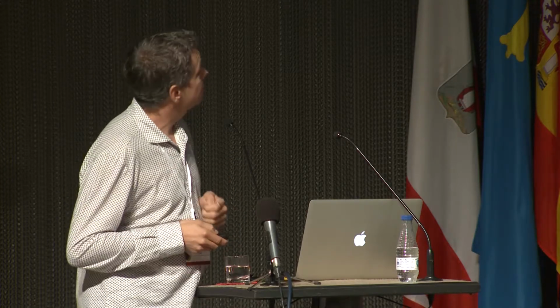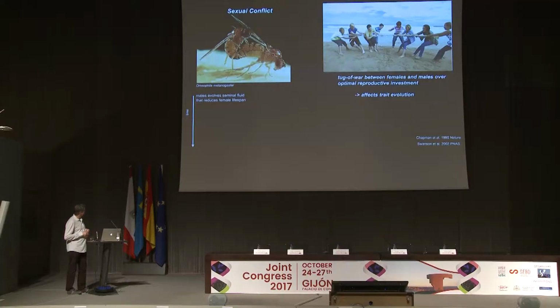Sexual conflict can affect trait evolution, and this has been nicely shown in Drosophila melanogaster. Males transfer sperm and seminal fluids during copulation, and Chapman et al. showed that males actually transmit toxic seminal fluids that reduce a female's lifespan.